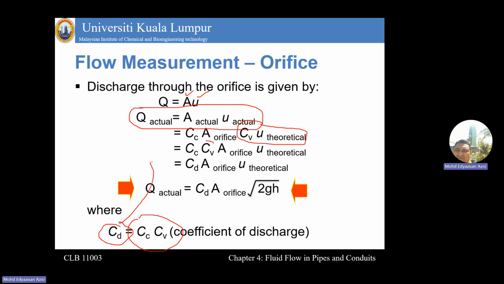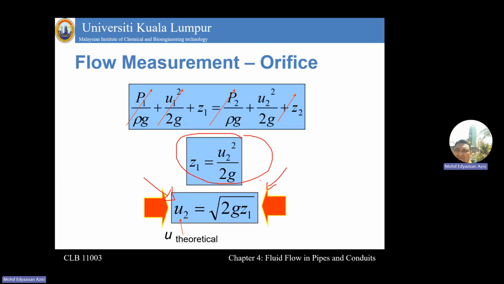So that's what is right here: CD, A orifice, U theoretical. So at the end, Q actual for the orifice equals CD times A orifice times U theoretical, which is from here.